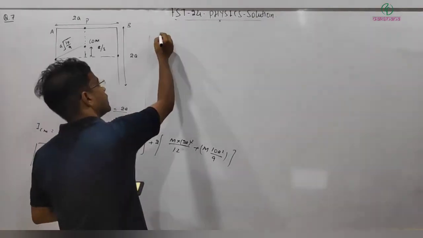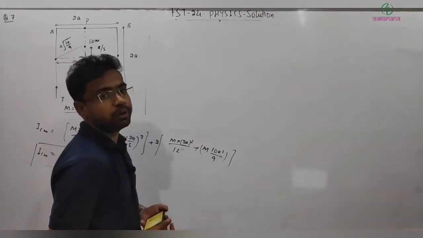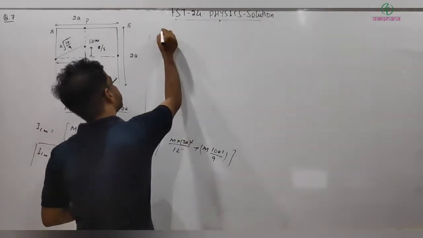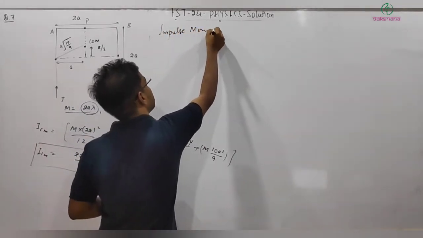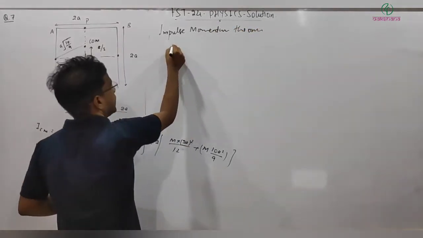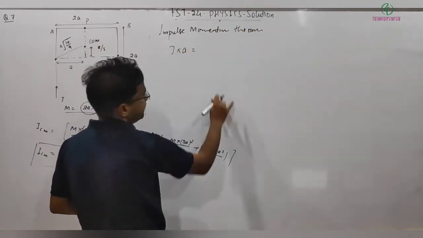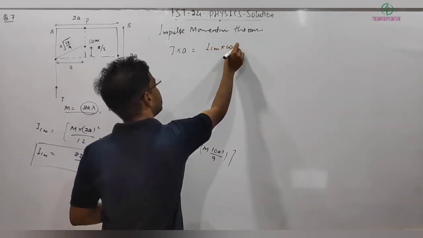So I can write conservation of angular momentum, or basically the impulse momentum theorem. What it implies is that angular impulse J·a is equal to the final angular momentum I_CM times omega, since the initial is 0.